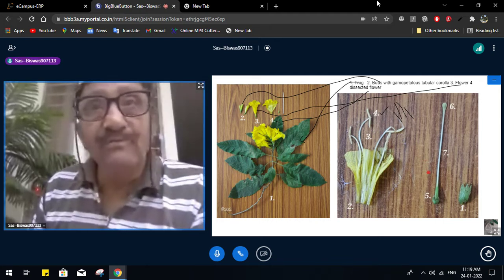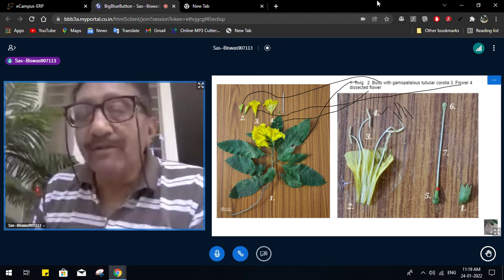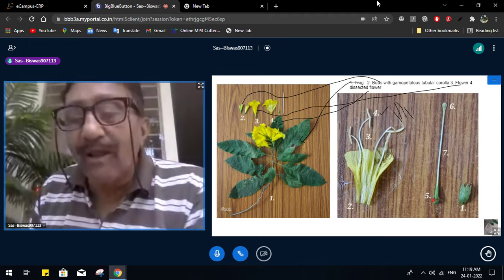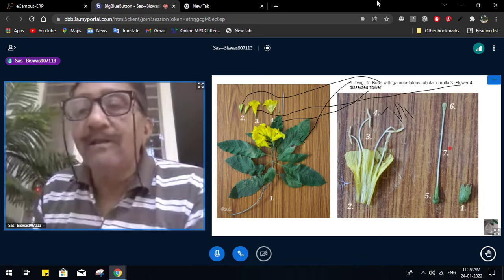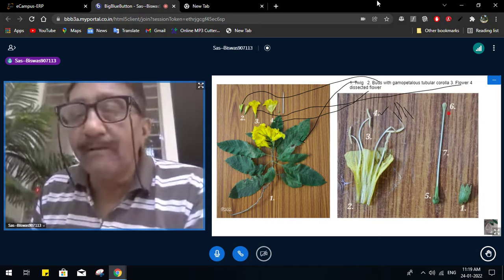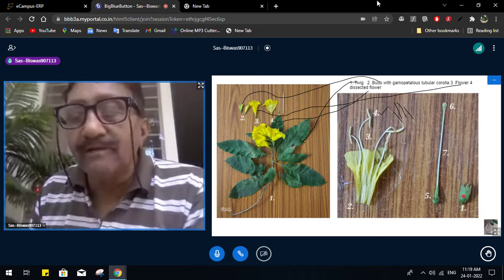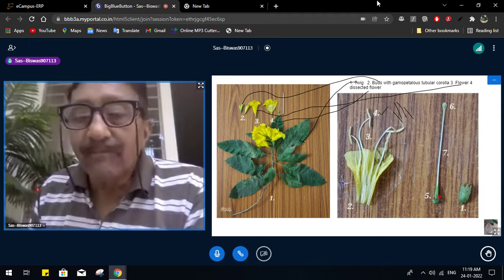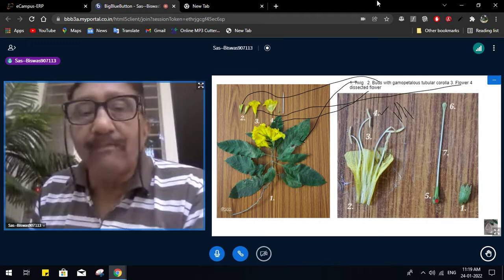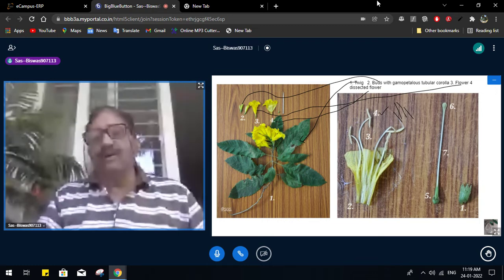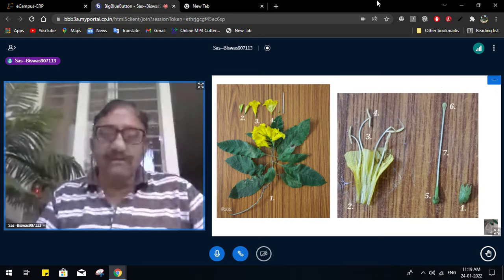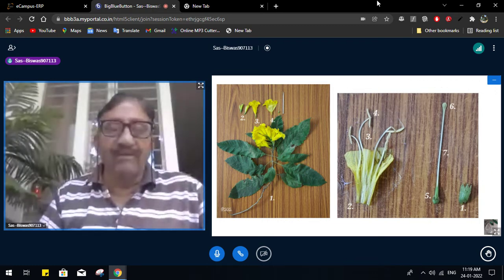Di means two, dynamous. Then you find the style, stigma club-headed. Then here is the calyx and the ovary with the remnant of this. So this is what it shows in the case of a typical flower of this.